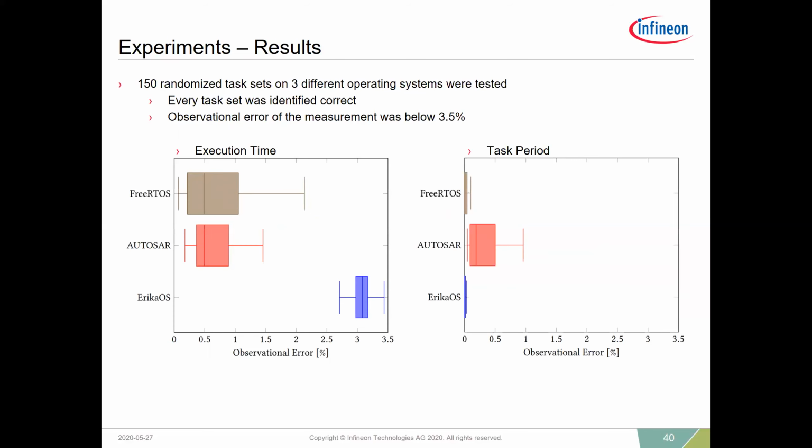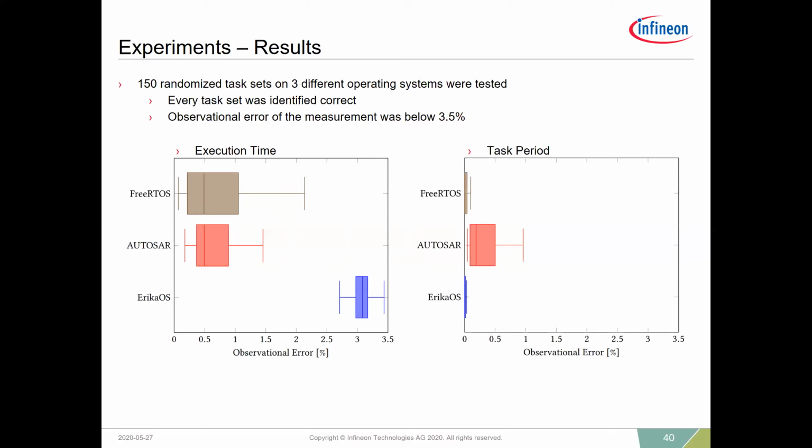We have done quite a lot of tests. So we used 3 different operating systems, and we randomized 150 task sets in total, and tested the algorithm and the monitoring itself on these task sets. And it came out that every task set was identified correctly, and that the observational error was below 3.5%.